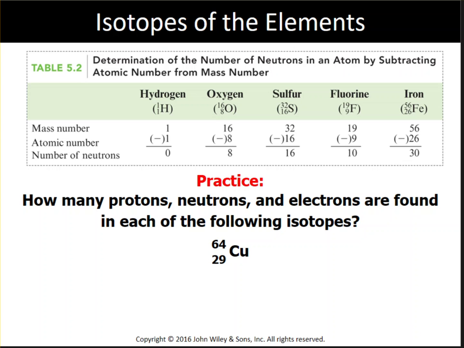And we want to know how many protons, electrons, and neutrons this isotope of copper has. Now, 64 represents the mass number. So based on the isotopic notation, I know that 64 represents the mass number, and 29 obviously represents the atomic number.